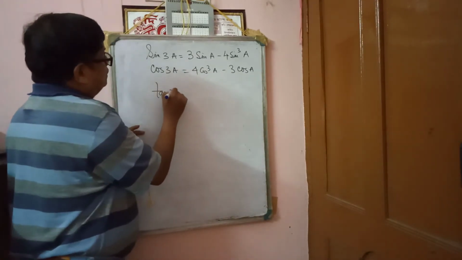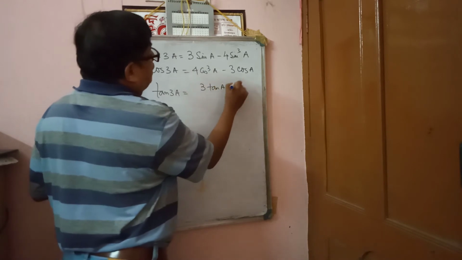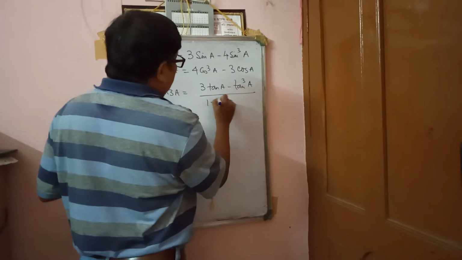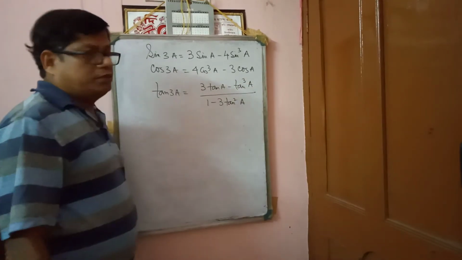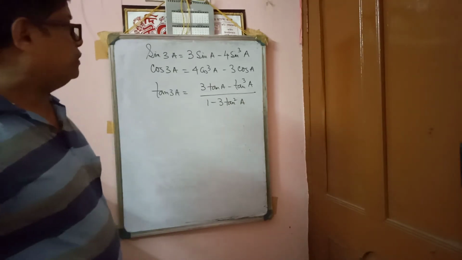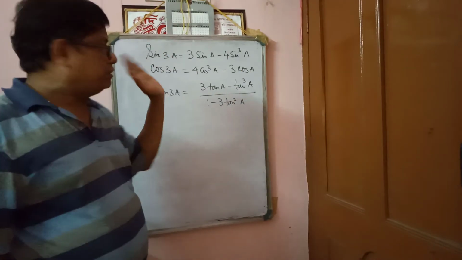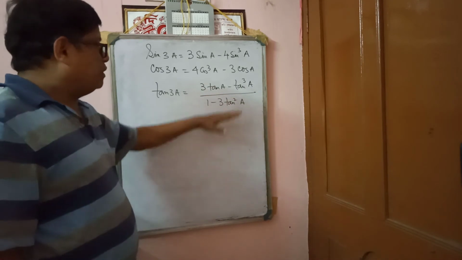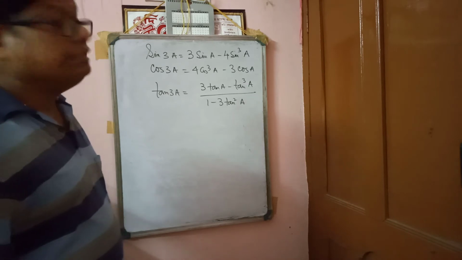Tan 3a equal to 3 tan a minus tan cube a by 1 minus 3 tan square a. Remember: sin 3a, 3 sin a minus 4 sin cube a; cos 3a, 4 cos cube a minus 3 cos a; tan 3a, 3 tan a minus tan cube a by 1 minus 3 tan square a.